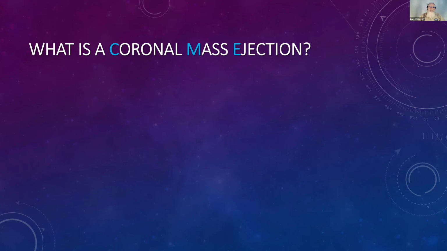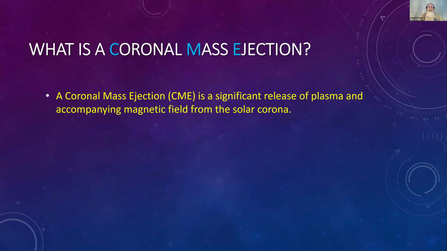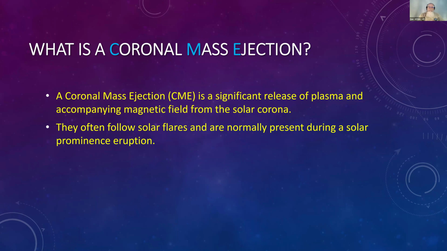a CME. A coronal mass ejection is a significant amount of plasma that is released from the solar corona. They often follow solar flares and are normally present during a solar prominence eruption. They are beautiful when you take a look at them.